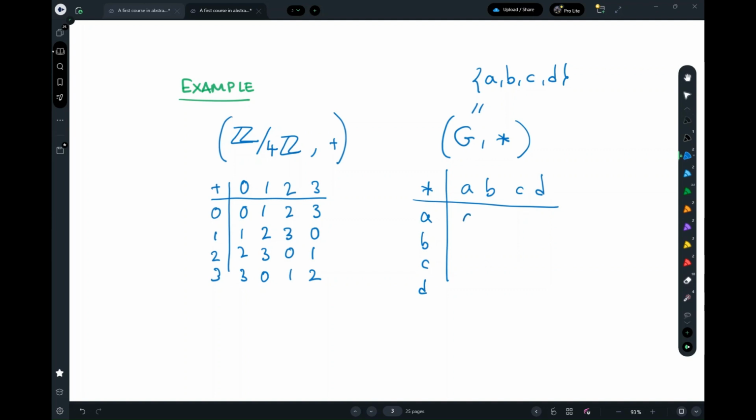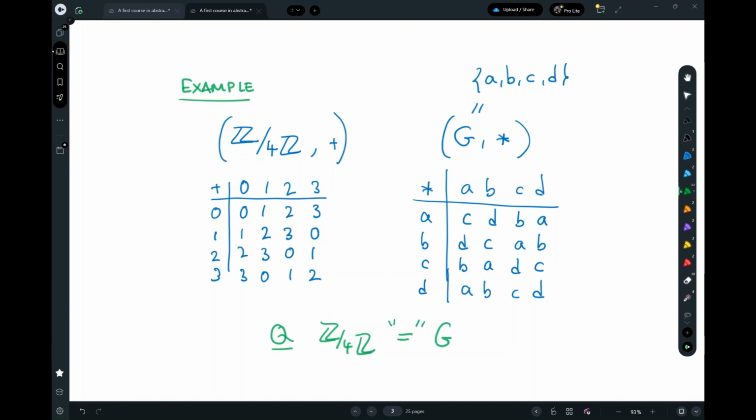The operation works like this: C, D, B, A, D, C, A, B, B, A, D, C, and A, B, C, D. So this is a group. I can tell you that it is a group. And now the question is, is Z modulo 4 the same as this group G?